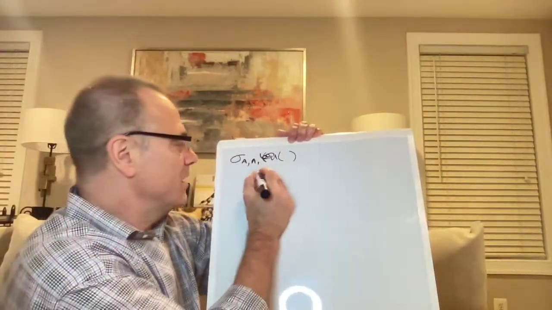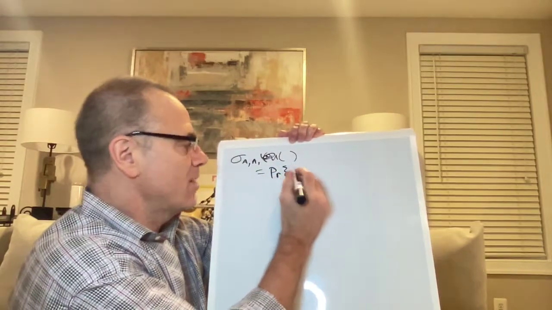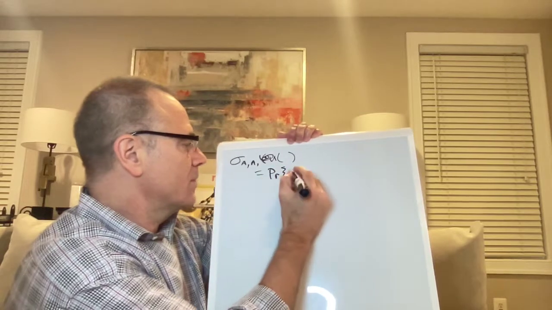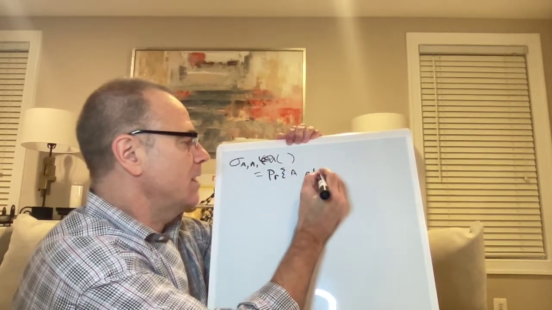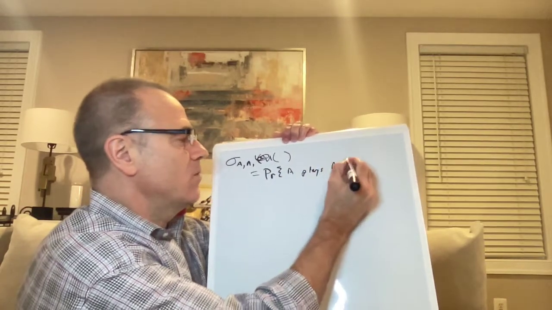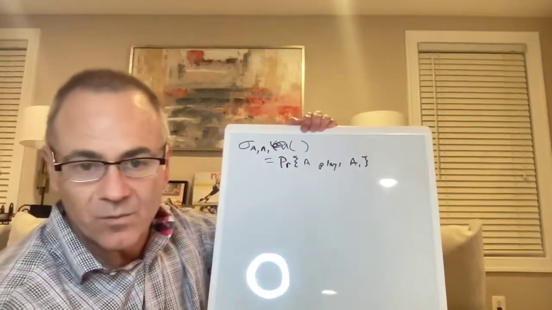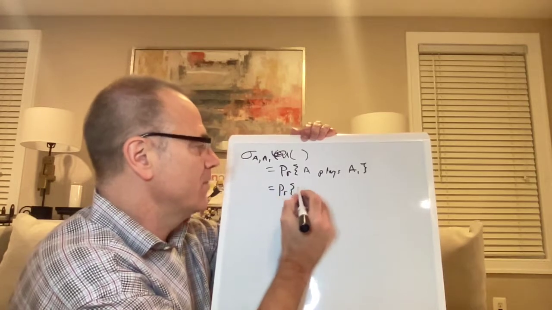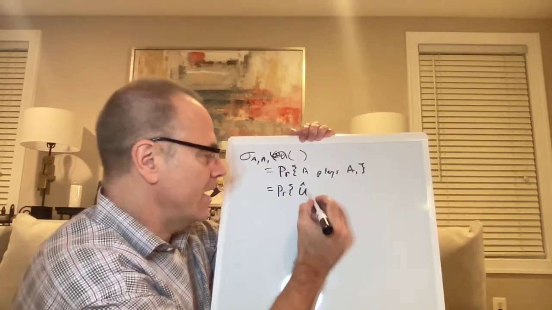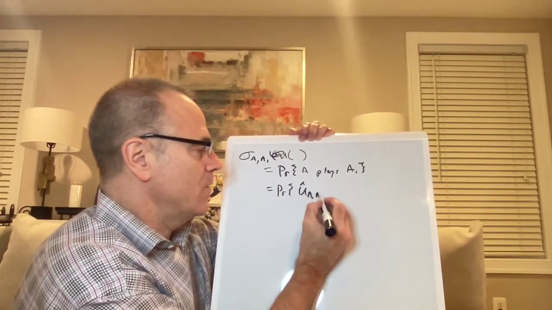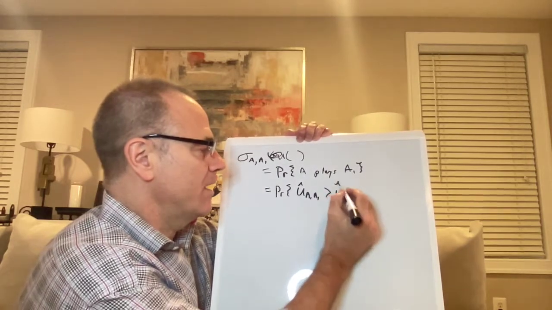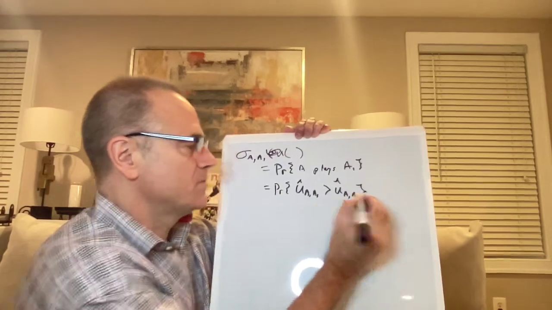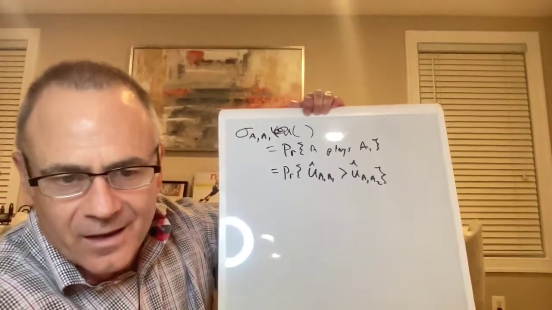That is defined to be the probability that A plays A1, chooses action A1. So this happens to be the probability that U hat A1 is greater than U hat A2.